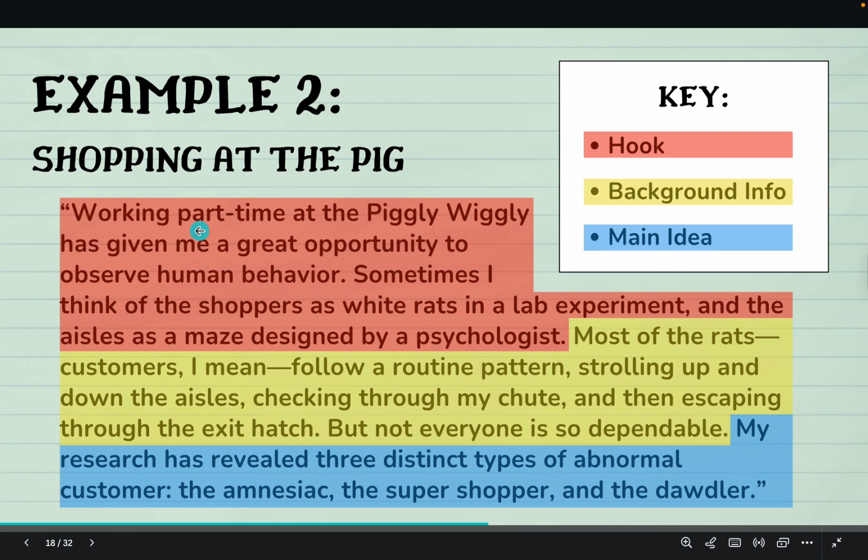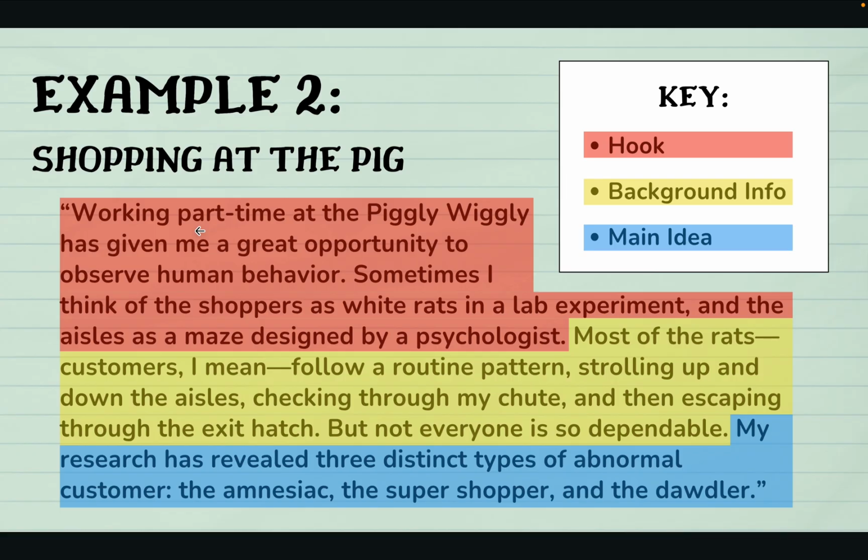So it says, working part-time at the Piggly Wiggly has given me a great opportunity to observe human behavior. Sometimes I think of the shoppers as white rats in a lab experiment, and the aisles as a maze designed by a psychologist. Whoa, that's a good hook, right? You're telling me that shoppers are like lab rats? Tell me more. I want to read that.